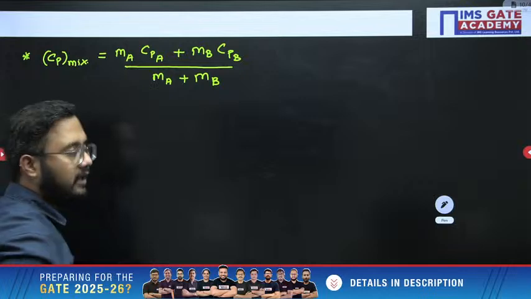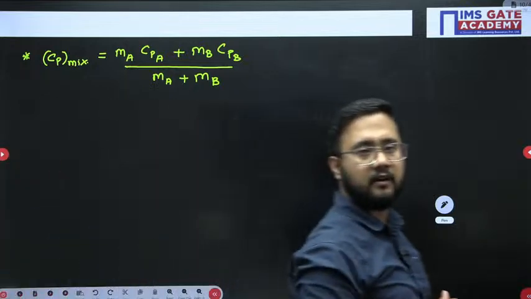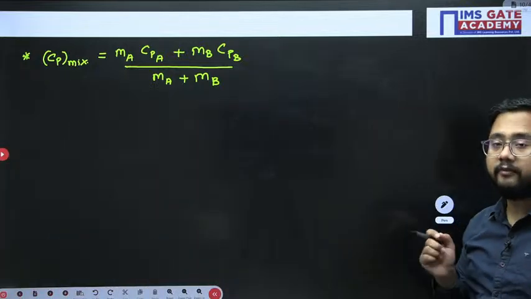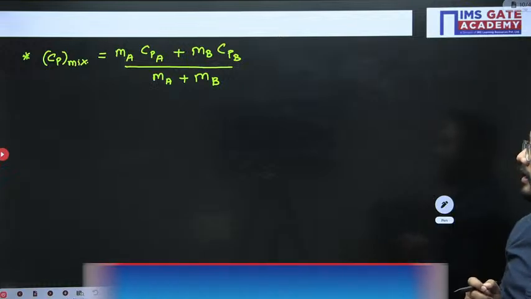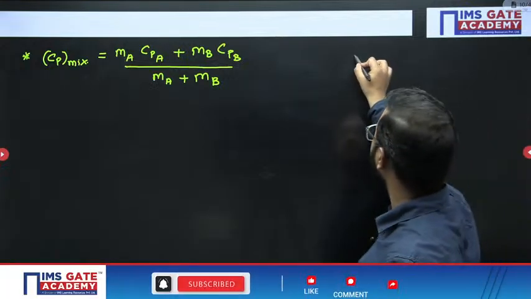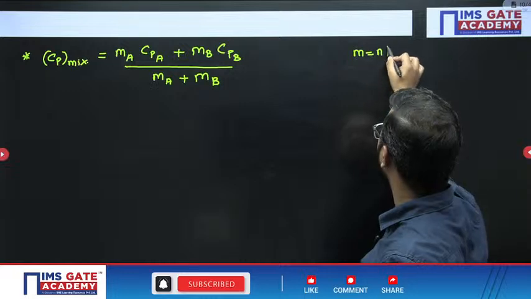This is the formula we have for Cp of mixture. Mixture related problems are very, very important. Now, how will you write mass? Mass equals number of moles into molecular weight.